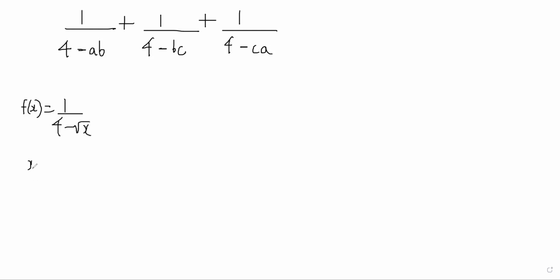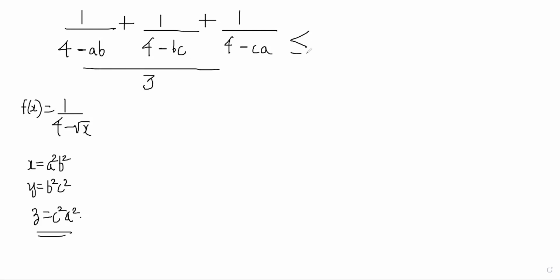So that means we have chosen x as a square b square and y as b square c square and z as c square a square, right? That's why I'm getting f of x plus f of y plus f of z as this. Should be divided by 3, should be less than equal to f of this plus this by 3, right?